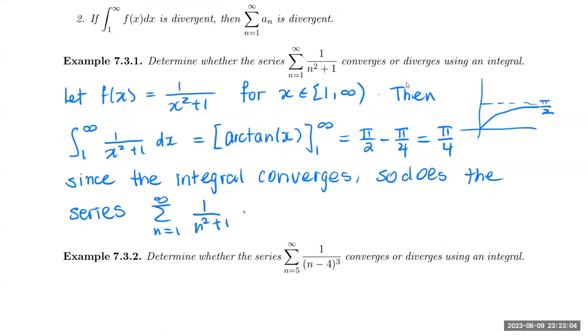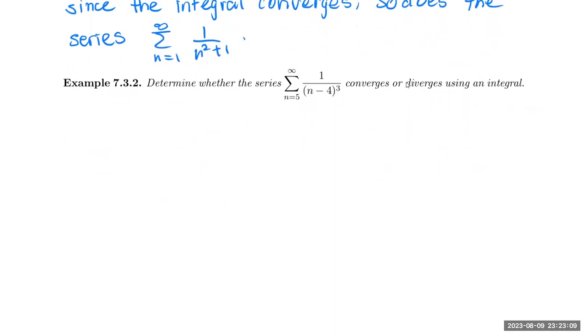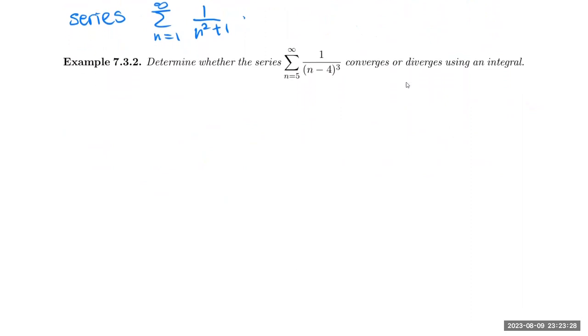All right, so let's have a look at another example. Now let us determine whether the series, this time starting from 5 to infinity, of 1 divided by (n minus 4) to the power of 3 converges or diverges using an integral. Although we could start from 5, let us first adjust the boundaries so that we start at 1, just to make things a little bit easier, so that we have an equivalent form.